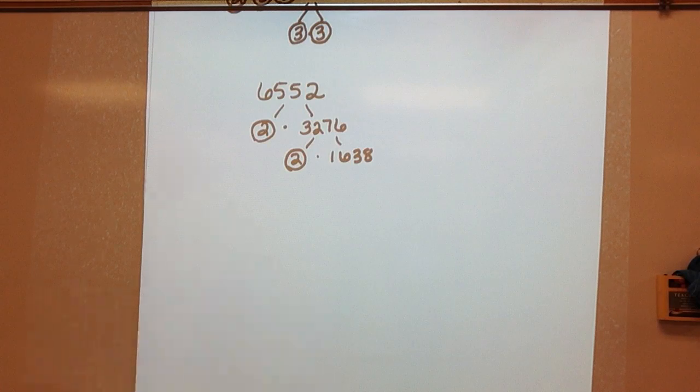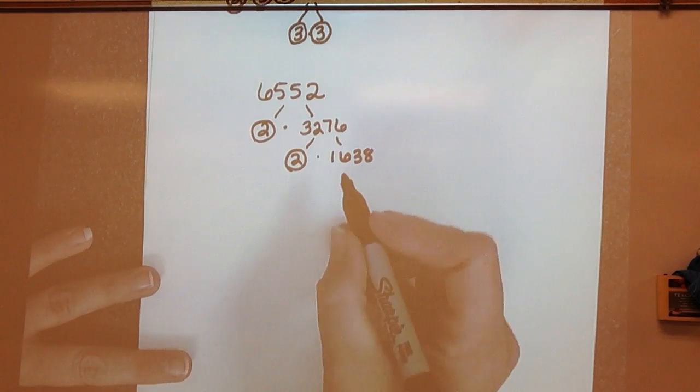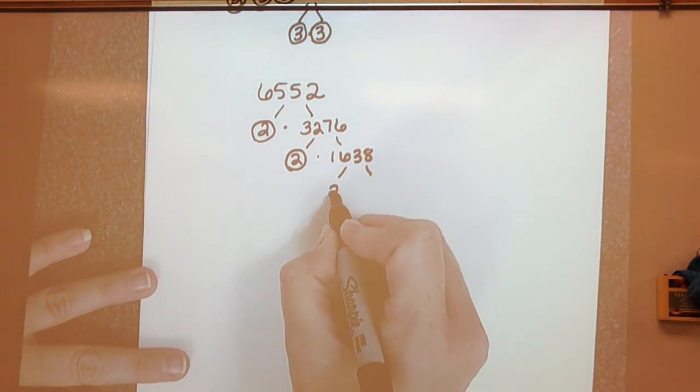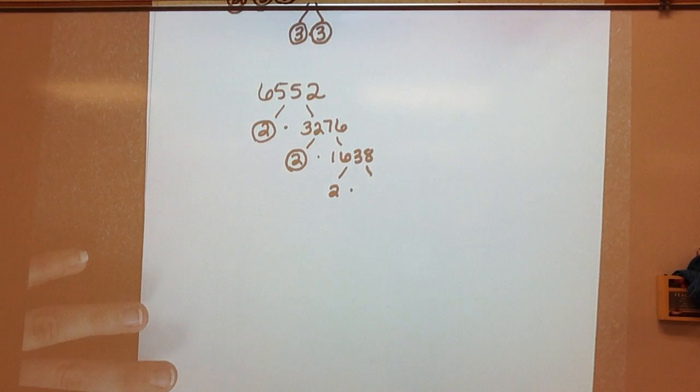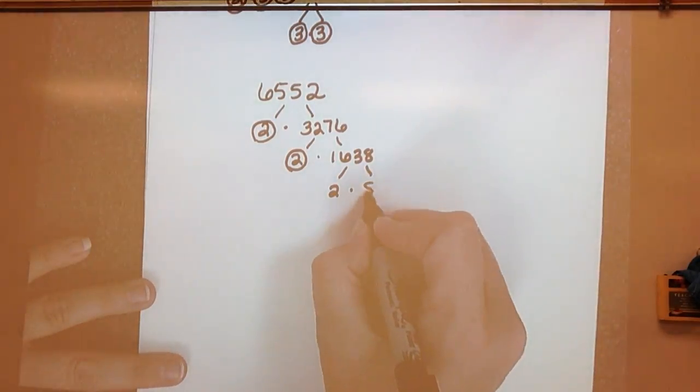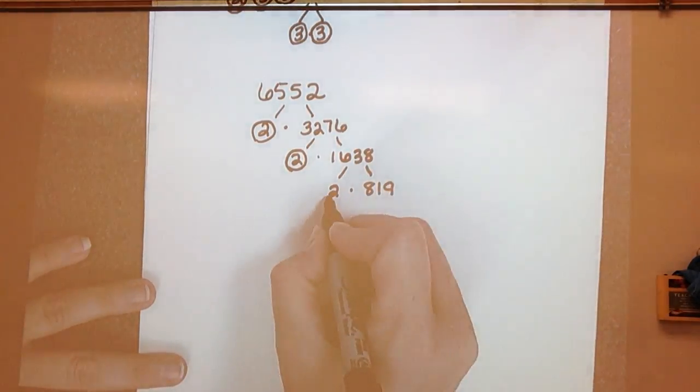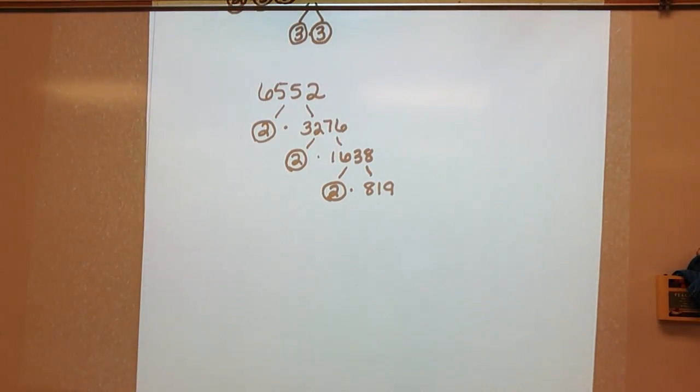Looking at 1,638, it ends in an 8, so I know that it's divisible by 2. If you want to sit and figure out other numbers, you can. But we're just going to use this method right now. So 2 times 819. 2 is prime, so I'm going to circle it. Notice I'm circling my prime numbers every time so I can keep track of them.